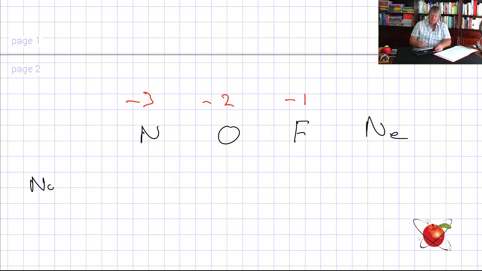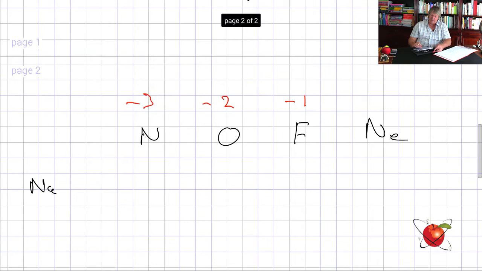As I said, let's look at the noble gas structure, shall we? Okay, just gone a bit far. Let's just complete the fluorine. The next one across is neon. Neon was number 1, 2, 3, 4, 5, 6, 7, 8, 9, number 10. So neon has 10 electrons, doesn't it?